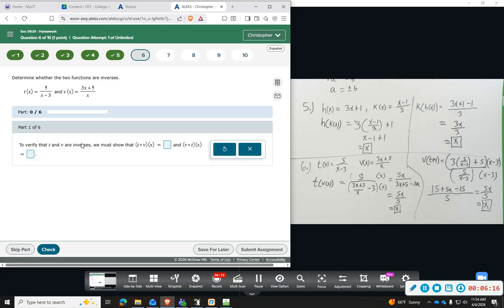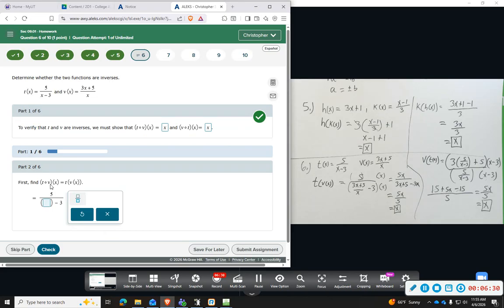So it says, to verify that t and v are inverses, we must show that t of v of x is equal to x, and v of t of x is equal to x. So this is just going based on the definition. First, it says find t of v. So that's the one we did here. The 5 on the top here, and then in the place of x, 3x plus 5 over x, and then you have the minus 3, so that's this part right there.